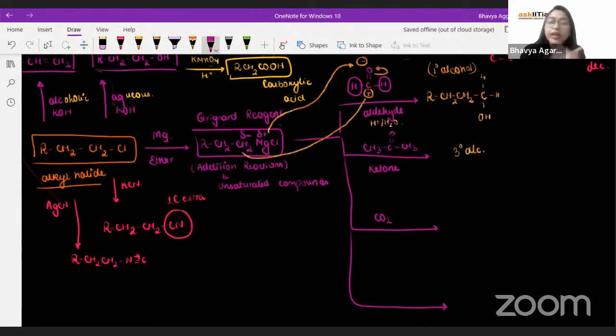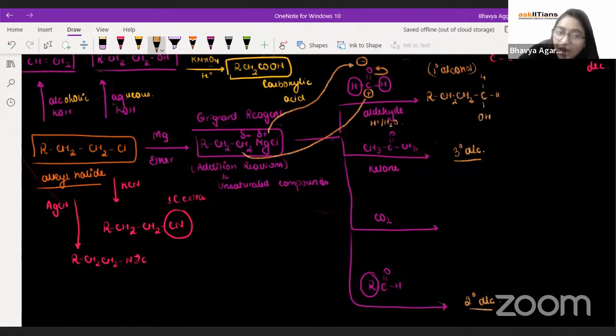So its problem is that there is no R part connected to it. Okay, but any other aldehyde is having some R. Right? So this R is the reason why it will become a secondary alcohol. Right? You all have done it. It's a part of your regular NCERT.